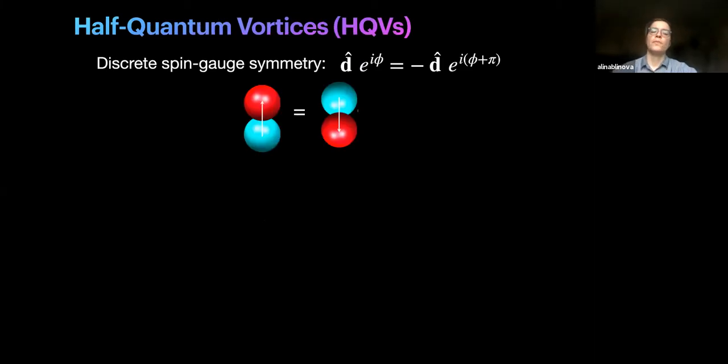So in the polar phase, if we take the polar order parameter and reverse the direction of the director and add a pi phase to our superfluid phase, then the order parameter is unchanged. So this actually reduces the space, and then it makes half quantum vortices possible.